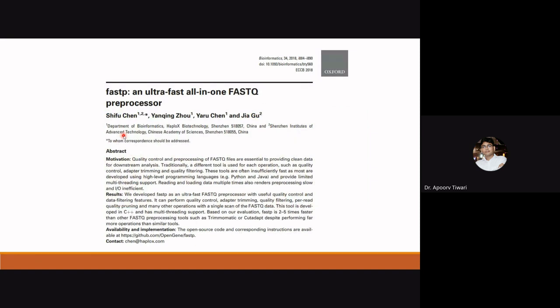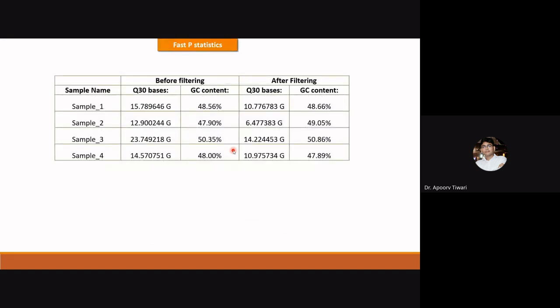So if our data quality is not good, then we can use the fastp tool. It is an ultra-fast all-in-one FASTQ preprocessor tool. It will trim the reads which are low quality. So you can see this is a result we have obtained by running fastp.